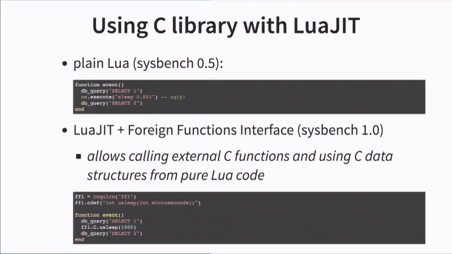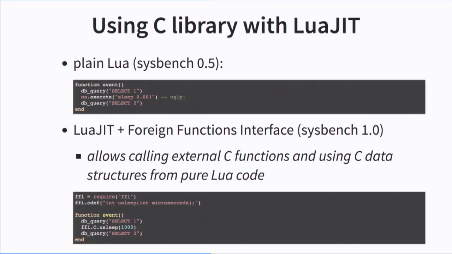One example where it might be useful is if you wanted to introduce some delays in your Lua scripts, then you need a sleep function. And the standard Lua library is quite limited. It doesn't have a built-in sleep function, so you have to resort to some ugly hacks like this. Fork another process with a shell and then call the system sleep command and hope that it supports fractional seconds and so on and so forth.